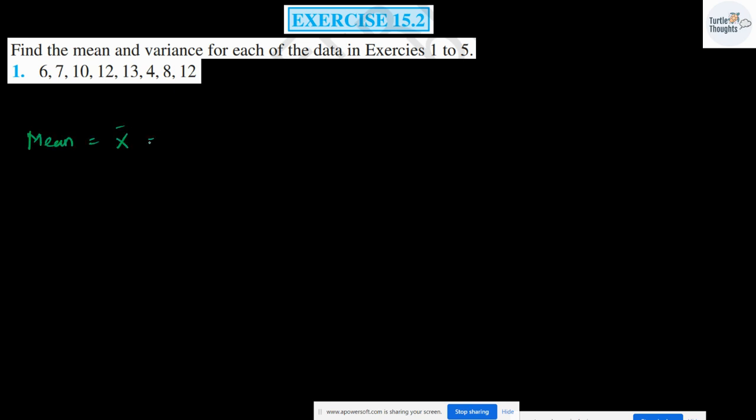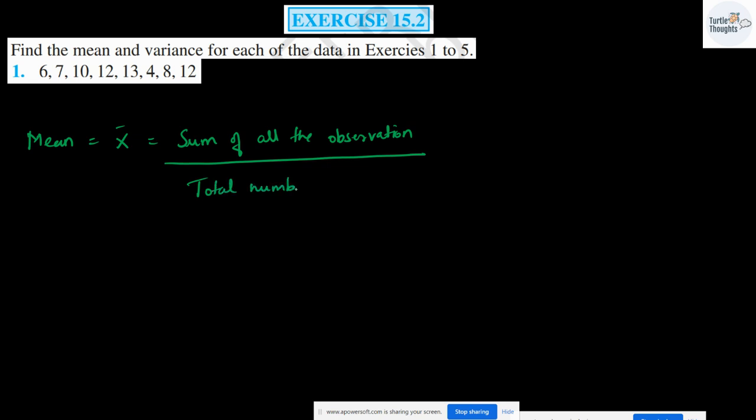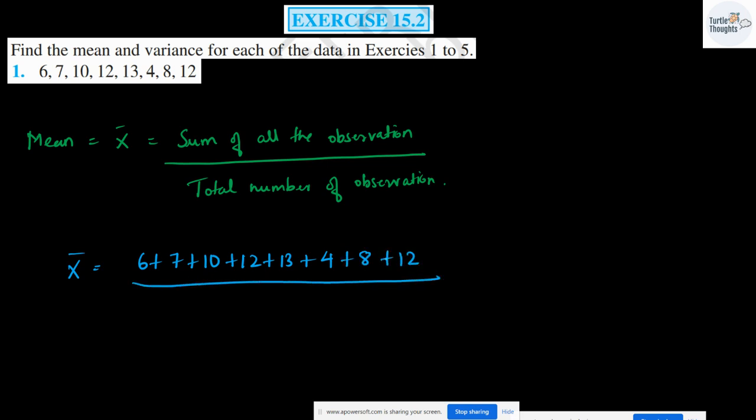Mean is given by x bar, which is going to be the sum of all the observations divided by the total number of observations. So x bar will be equal to 6 plus 7 plus 10 plus 12 plus 13 plus 4 plus 8 plus 12, whole divided by the total number of observations.